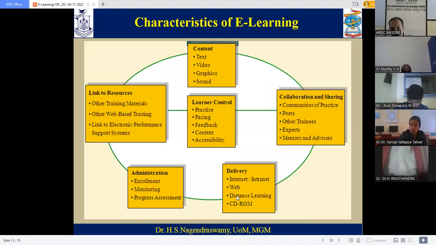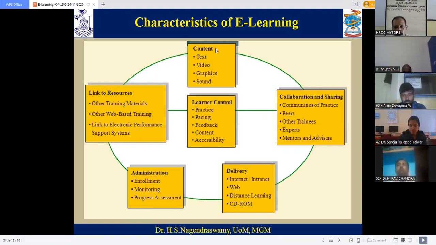Of course, there are many other points which I would like to cover in subsequent slides. Now let's concentrate on the characteristics of e-learning. So I just wanted to give you some information regarding this. Of course, I hope that many of these points are already familiar to you. Okay, but still I want to give you some more information regarding the characteristics of e-learning.